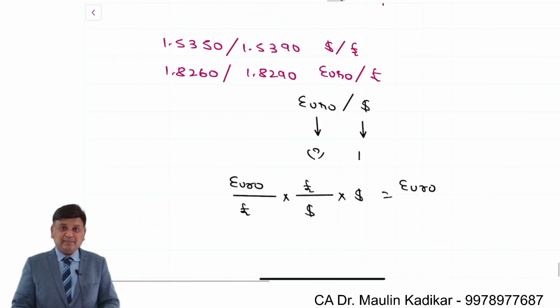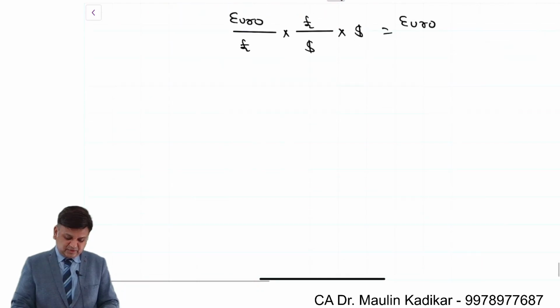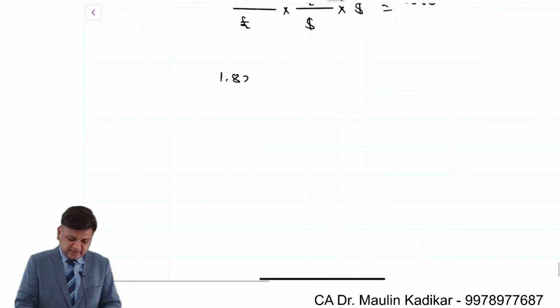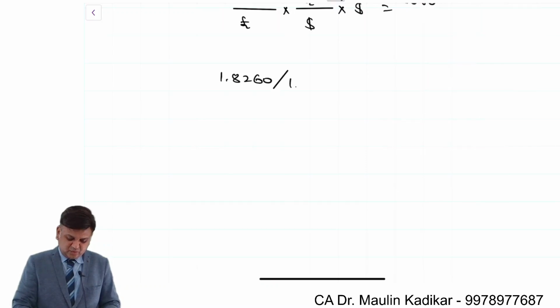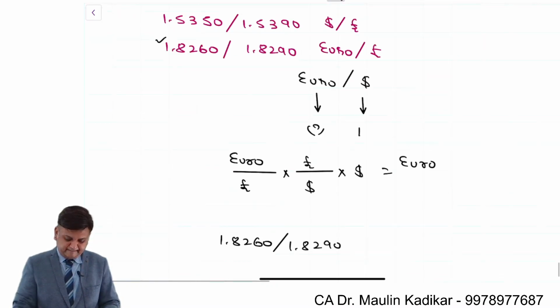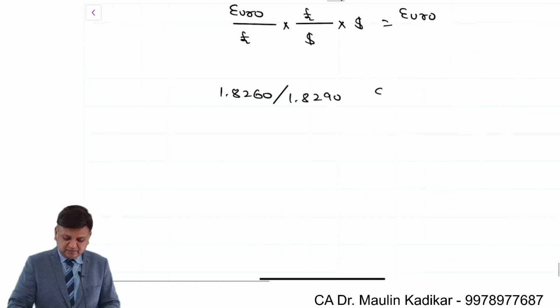I want euro per pound, and the same is provided to us: 1.8260 slash 1.8290 euro per pound.